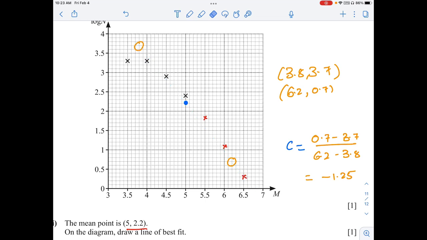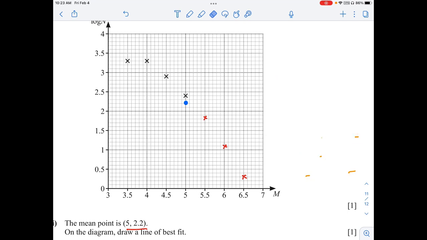I am going to erase this one and try a line of best fit passing through the maximum points and the mean. So this is a line of best fit which passes through maximum points and also through the mean 5 comma 2.2.